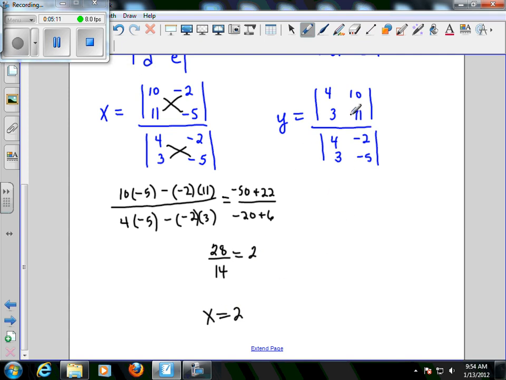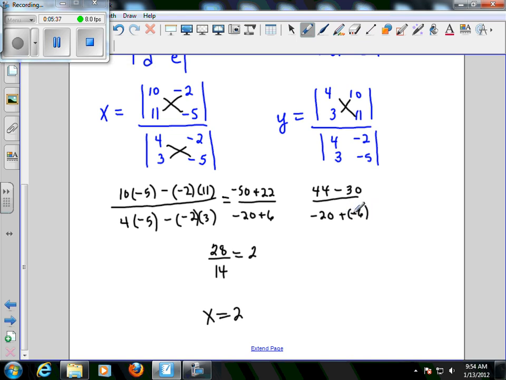Now we're going to do the same thing with y. Find our determinant. We're going to have 4 times 11. I'm actually going to do this out. 4 times 11 is 44, minus 10 times 3, which is 30. Divided by 4 times negative 5, which is negative 20, and minus 3 times negative 2, which is negative 6.